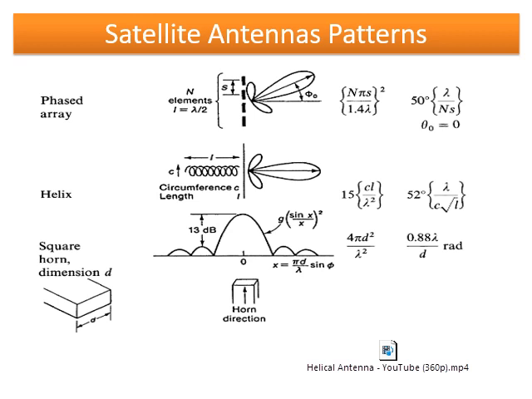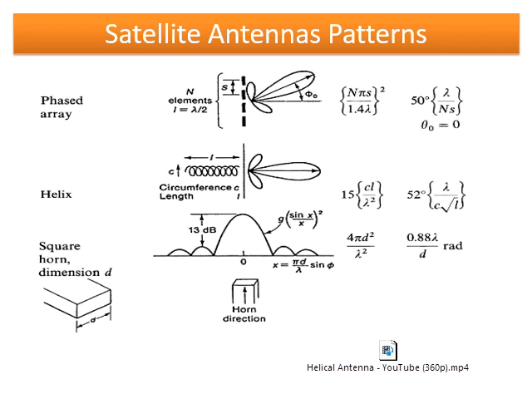Phased array, again we know array means what. There are a number of conductors brought together and all will play a major role in deciding the type of radiation pattern. So here phased arrays are mentioned.